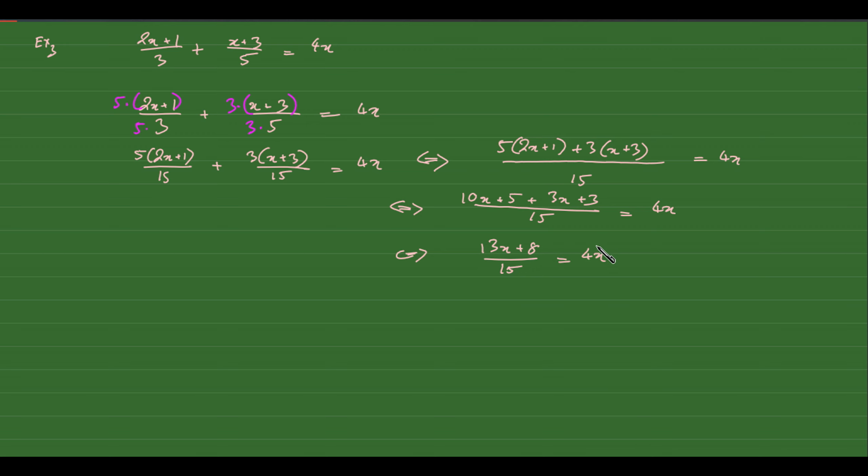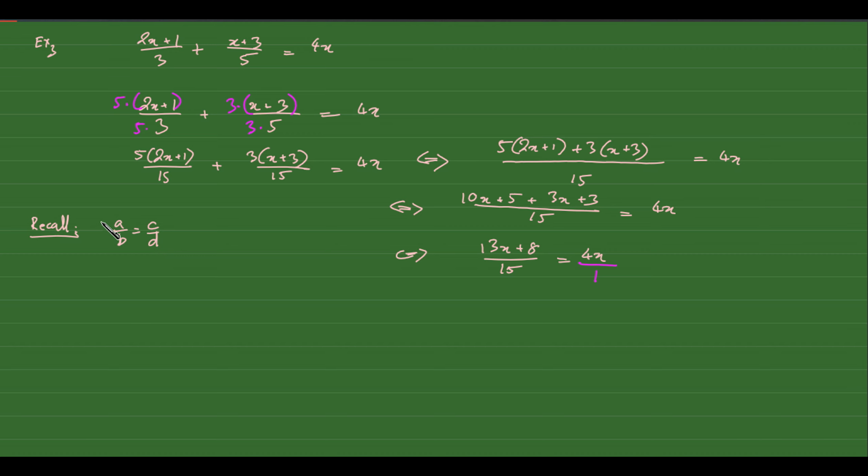From this step on, there are two different approaches. It's up to you. You can bring everything to the left hand side and keep 0 on the right hand side by subtracting both sides by 4x, or you can put this as a fraction. If you put this as a fraction, what you have is a proportion. Recall that a proportion is in the form a over b equals c over d.